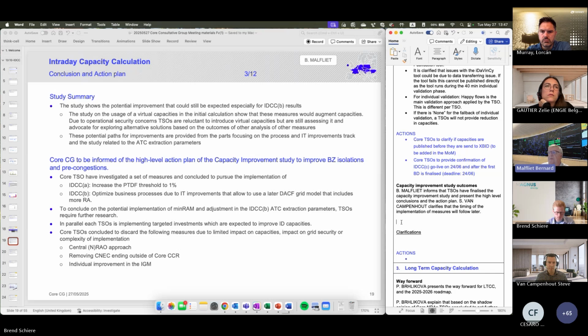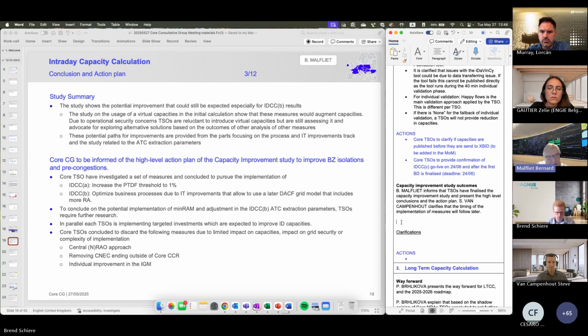Then on what concerns MinRAM, MinATC for now is being discarded a little bit more, in discussions we've had between TSOs and also with NRAs. We have seen that minimum ATC on borders is not really very efficient, and is even sometimes more detrimental to all the ATCs being given.